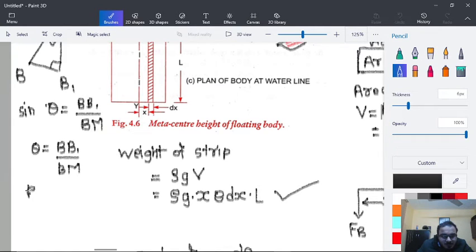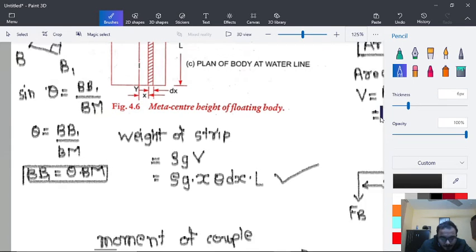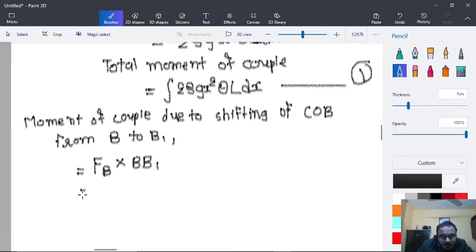So the value of BB1 is equal to theta into BM. So we are going to utilize this over here. So it is equal to Fb multiplied by BM multiplied by theta. So this will be our equation number 2. So we can combine both of them.